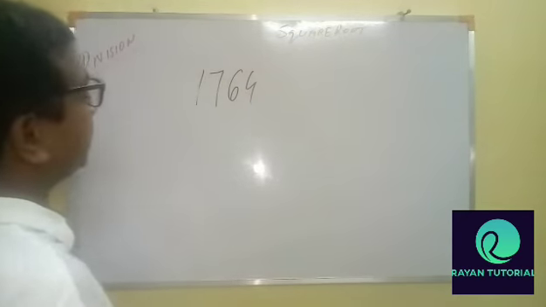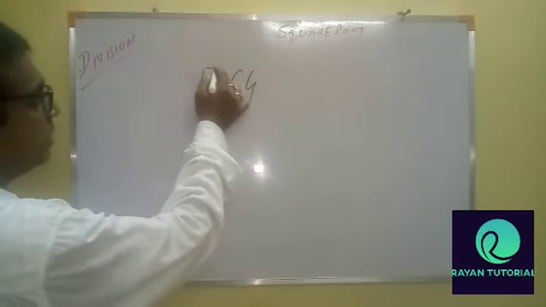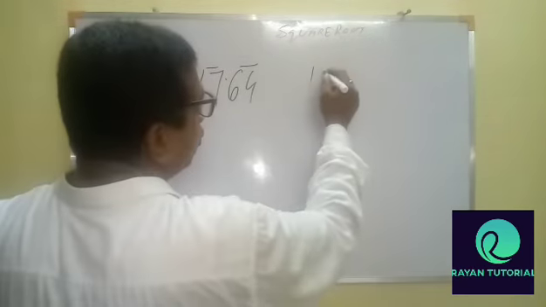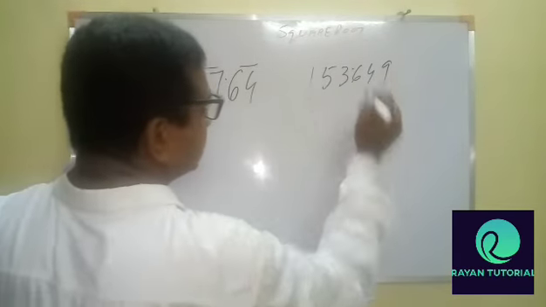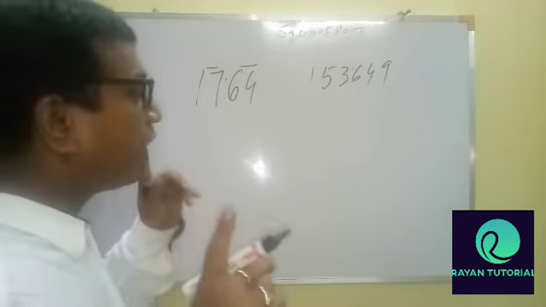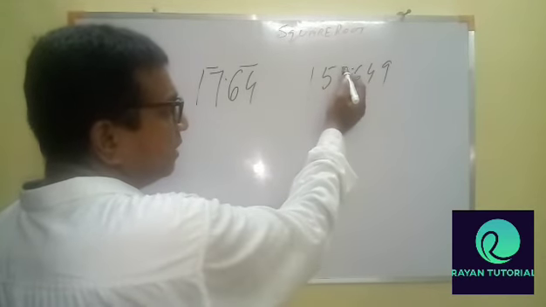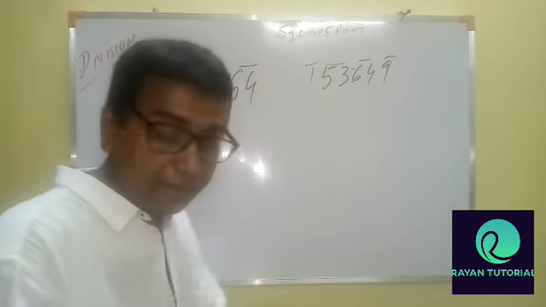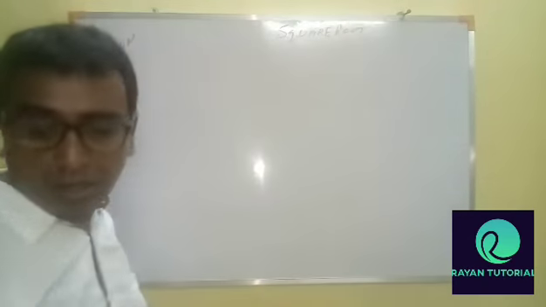But remember one thing here: the pairing will go from the decimal, this side and this side. Like suppose 1 5 3 6 4 9, here is the decimal. So when you are pairing, look at this one carefully. Pair from the decimal on this side and this side. Clear? Understood? Let me do it with an example.